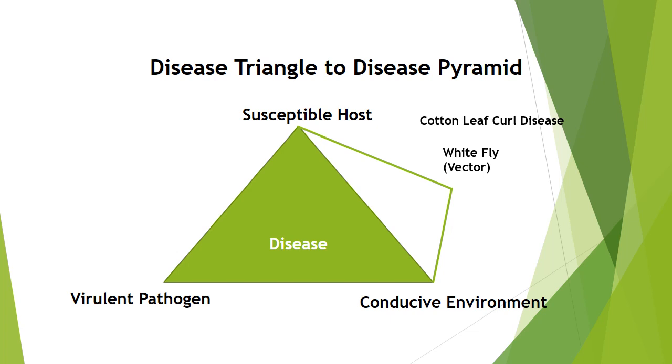Now the disease triangle changed its shape from a triangle to a disease pyramid. In the disease pyramid, we have a space where we can put the vector, a key player, especially in the case of viral diseases. Viral diseases mostly do not occur if there is no vector. So the disease pyramid concept is actually an extension of the disease triangle.